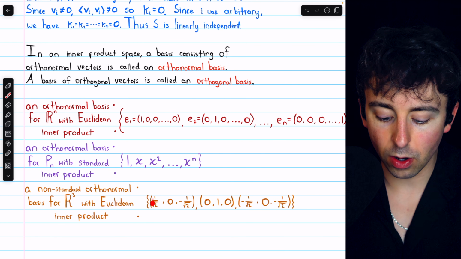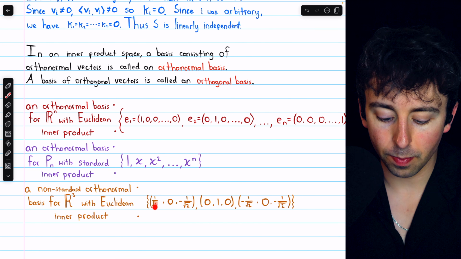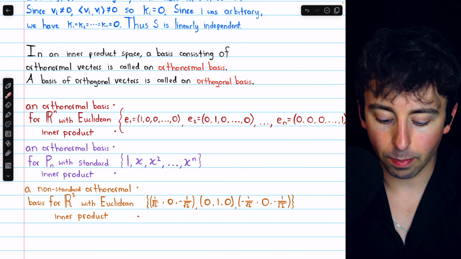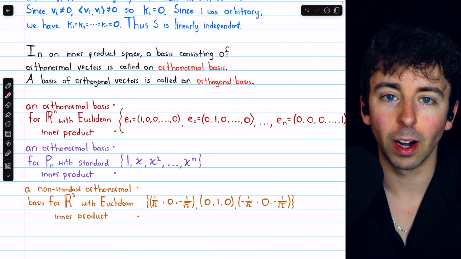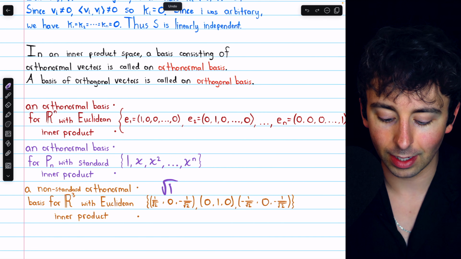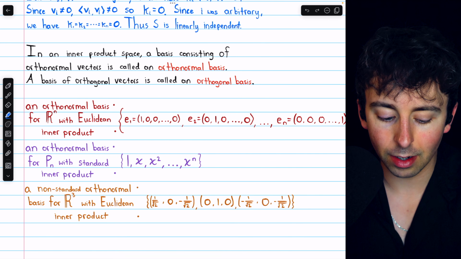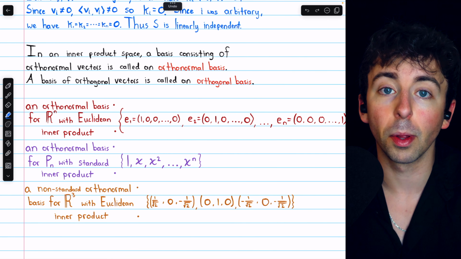For example, the norm of this first vector would be the square root of this term squared plus this term squared. That would end up being 1/2 plus 1/2. We're ignoring 0, of course, because it's just 0. And so its norm would be the square root of 1, which is 1. And indeed, a similar computation would show those two vectors are unit vectors, and so indeed this is an orthonormal basis.